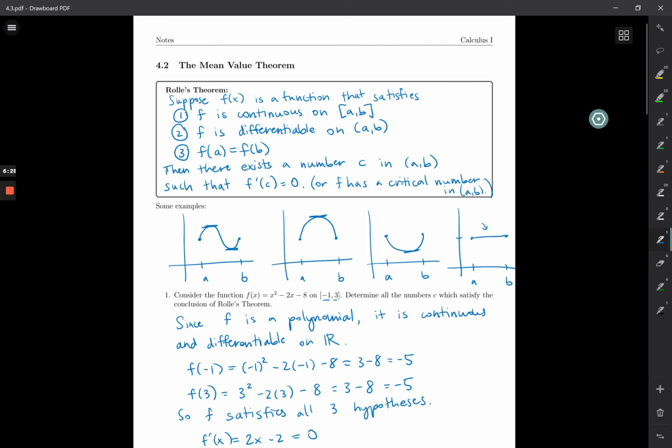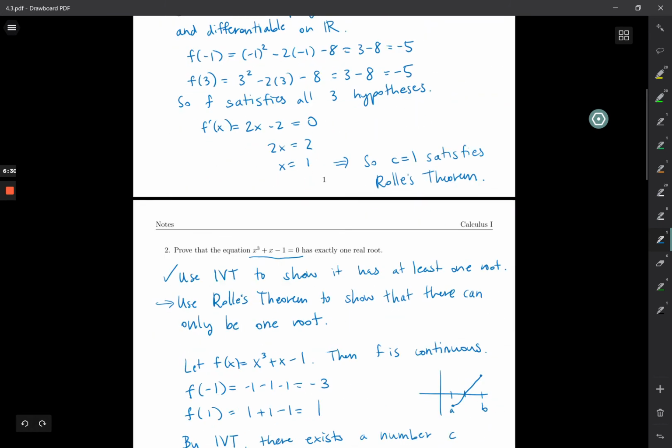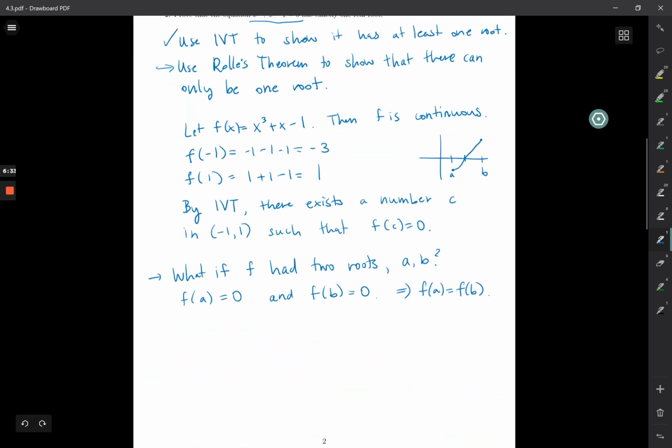We also need that f is continuous and differentiable on that interval, but we know that f is continuous and differentiable on the whole real line. So we're fine on the interval a to b. Okay, so we can apply Rolle's theorem.